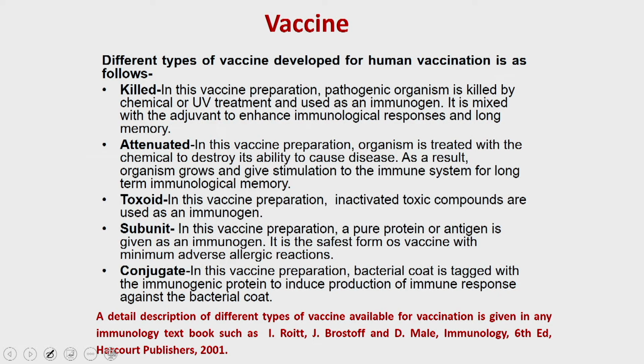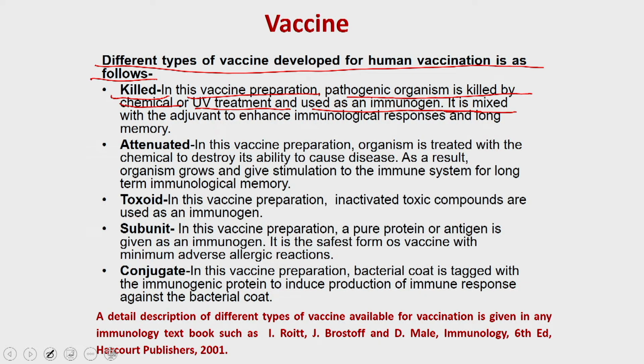So, there are different types of vaccines which people have developed for vaccinations. You have the killed vaccine. In this vaccine preparation, the pathogenic organism is killed by chemical or UV treatment and used as an immunogen, which increases your immunity against this infectious organism.